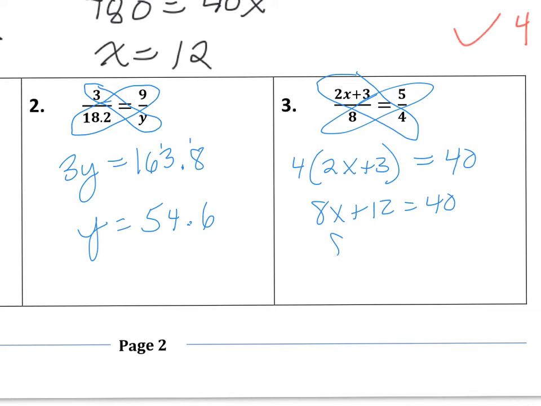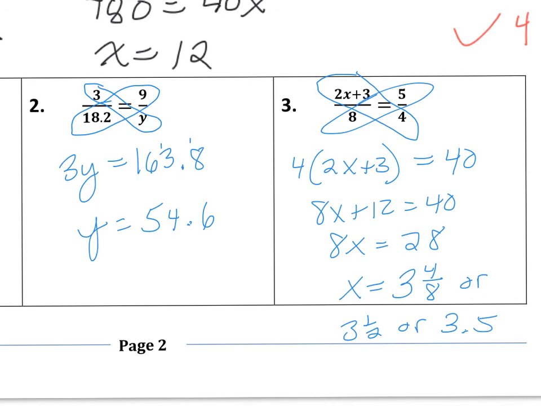I'm going to subtract 12 from both sides, and that would be 28, correct? Yeah. And x equals 3 and a remainder of 4/8. So you can leave it as 3.5, or 3 5/10, if you like decimals.